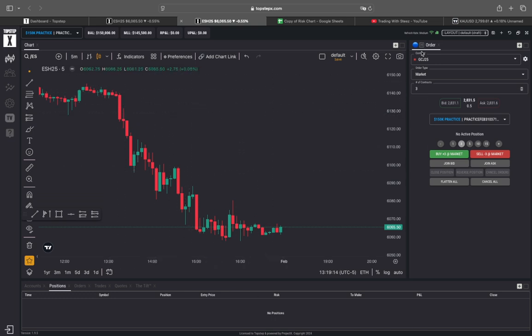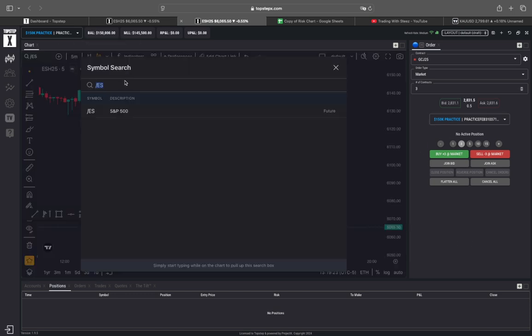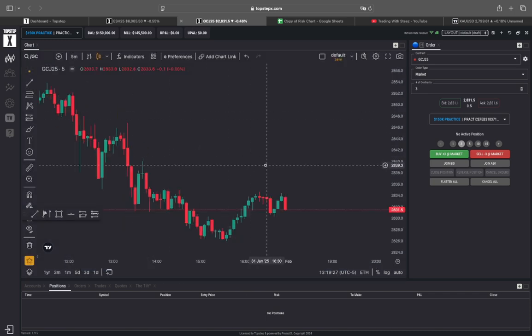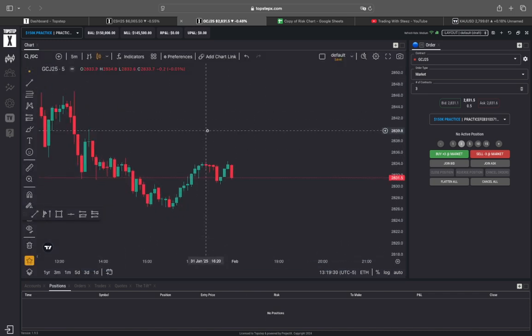These will not change with this. That's why once you're in the trade, we want to focus on getting in the trade first. And then we want to come on this side of the platform and type in the instrument we're using, because you'll exit your trade or close your trade from this screen.